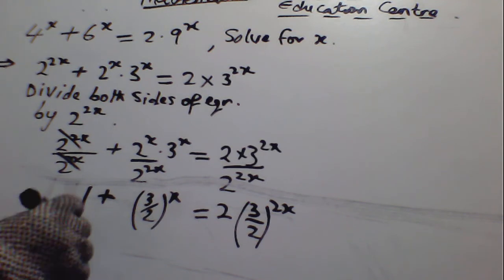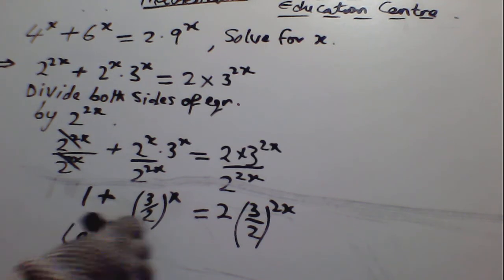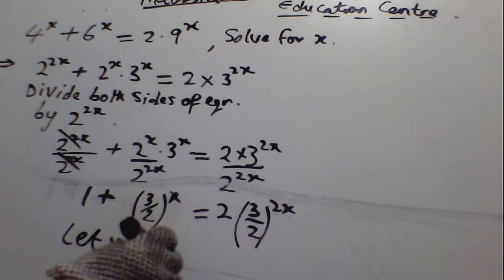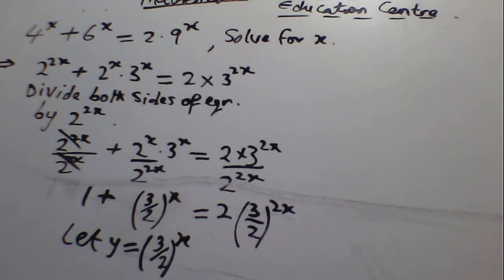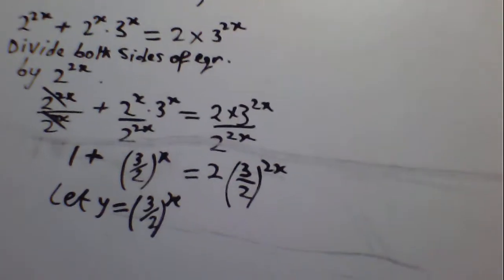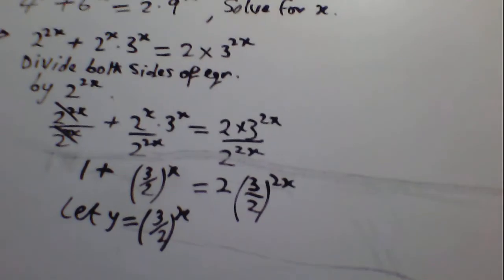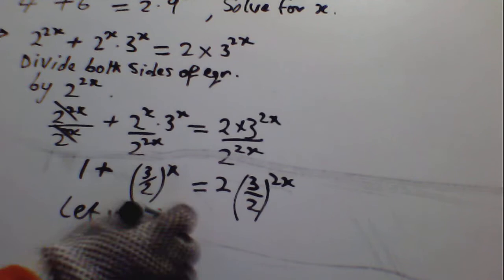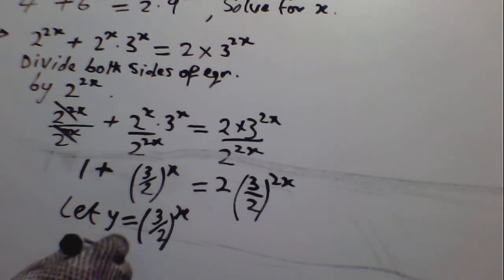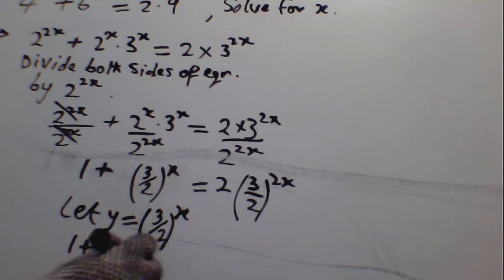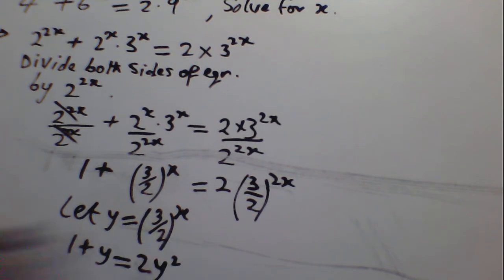So let's say y equals 3 over 2 raised to power x. If we assign y equals 3 over 2 raised to power x, we have from the equation 1 plus y is equal to 2y squared.